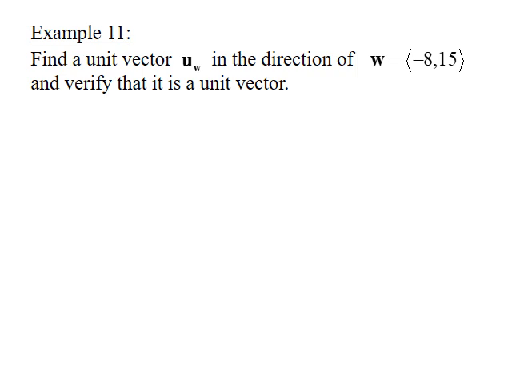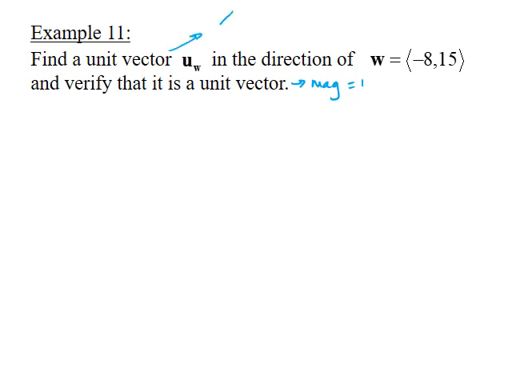Okay, so it says find a unit vector in the direction of this vector W and then verify that it's a unit vector. So remember, to verify if it's a unit vector, we want the magnitude to be equal to 1. Okay, so first what we need to do is find this unit vector.